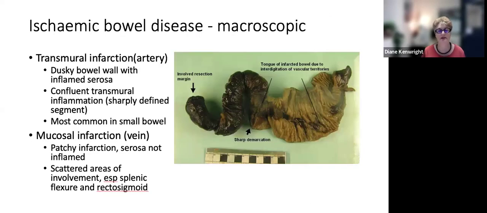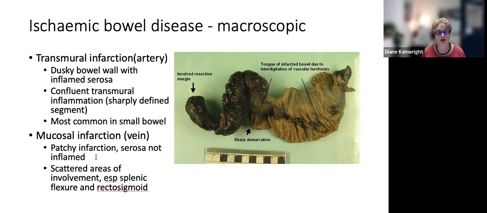In ischemic bowel disease, where there's transmural infarction due to arterial occlusion, what we get is a very sharp cutoff, maybe with a few extensions because of the arterial segments that are involved. This is most common in the small bowel.